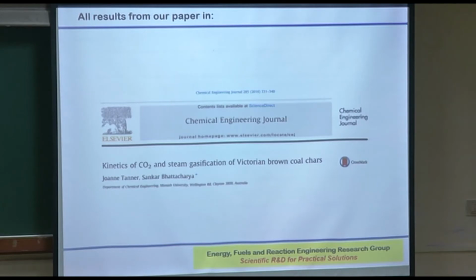Coal after pyrolysis gives you the volatile gases which you want to preserve as much as possible, and then the solid char is what you want to convert using the gasification agents, which is partial oxygen and CO2 and steam.